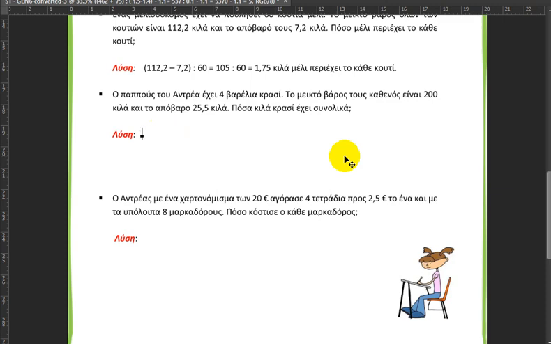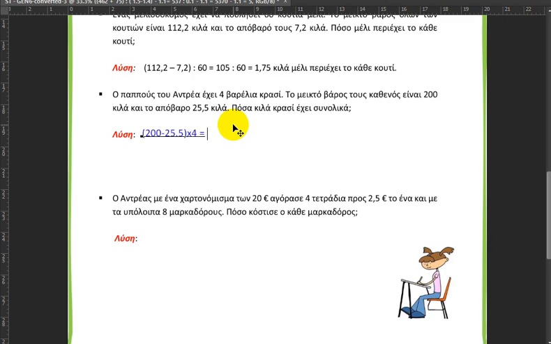So let's find how much wine is in 1 barrel and then multiply it by 4 to find how much there is in all of them. So I'm going to do 200 minus 25.5, and then whatever I find, I'm going to multiply it by 4.